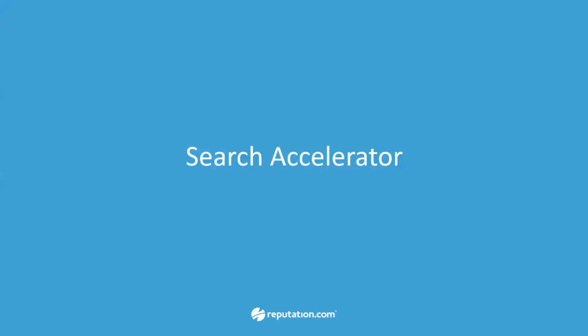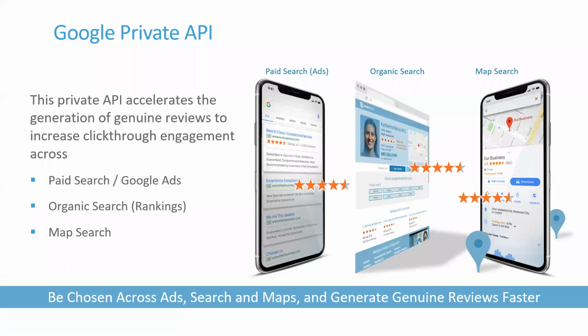So, Search Accelerator. Knowing that business listings are really important, how do we utilize reviews, your customer feedback? The first thing to focus on is the private API that we have with Google. Basically, we have a private pipeline between reputation.com and Google, which gives us the capability to turn all of your customer feedback into Google verified reviews.